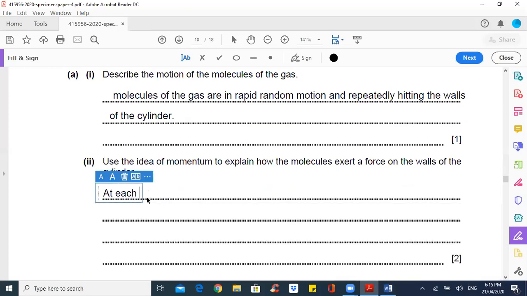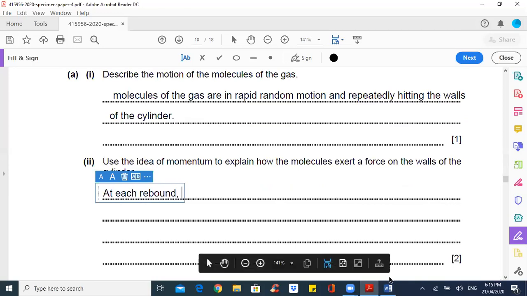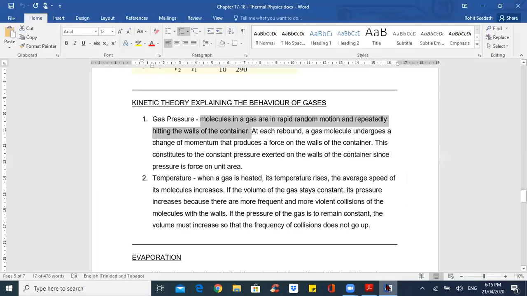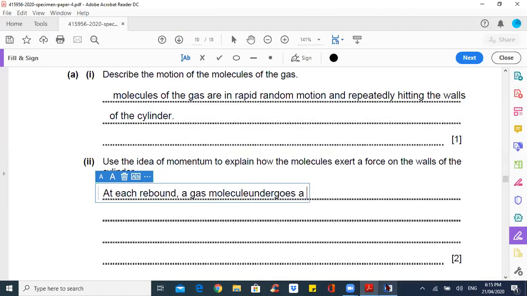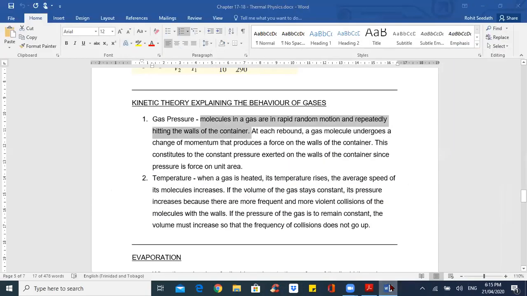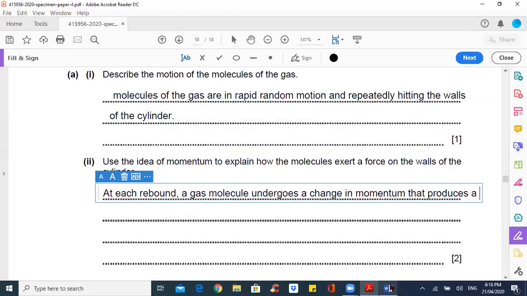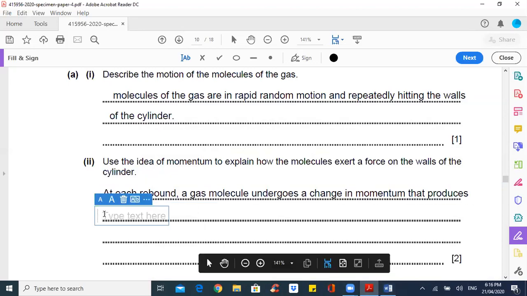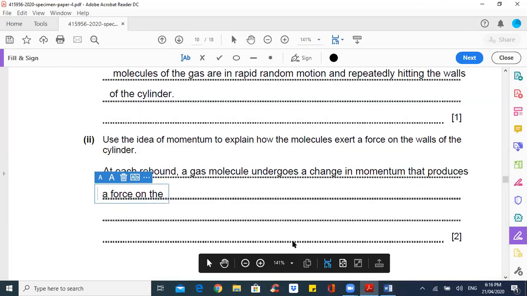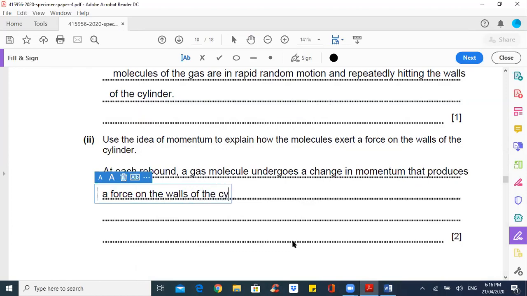So we can say, at each rebound, a gas molecule undergoes a change in momentum that produces a force on the walls of the container, on the walls of the cylinder in this case, right?